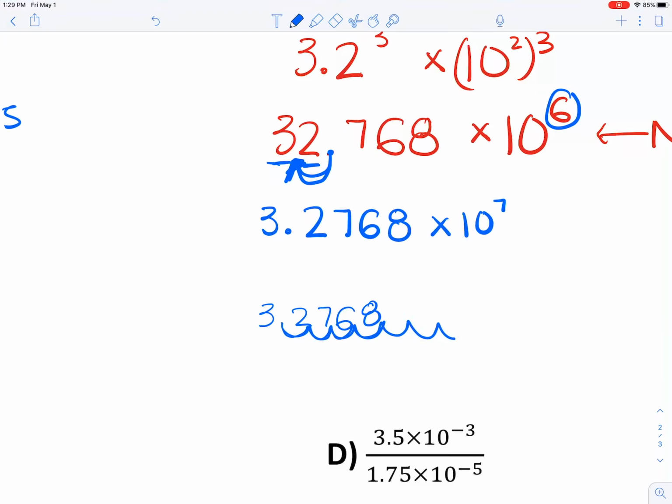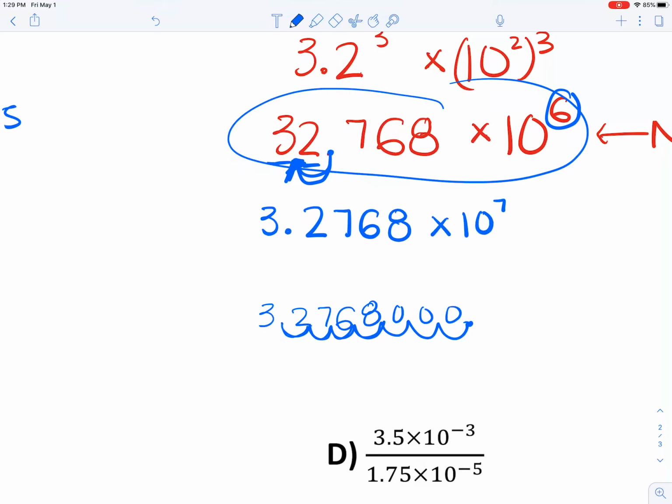And if you think about it, if I took this number right here and moved this 7 spaces to the right, oops, I didn't count, 1, 2, 3, 4, 5, 6, 7, I can double check, is this number the same as if I took this and moved it 6 spots. So I can try that. 32.768 and moving it 6 spaces. 1, 2, 3, 4, 5, 6.